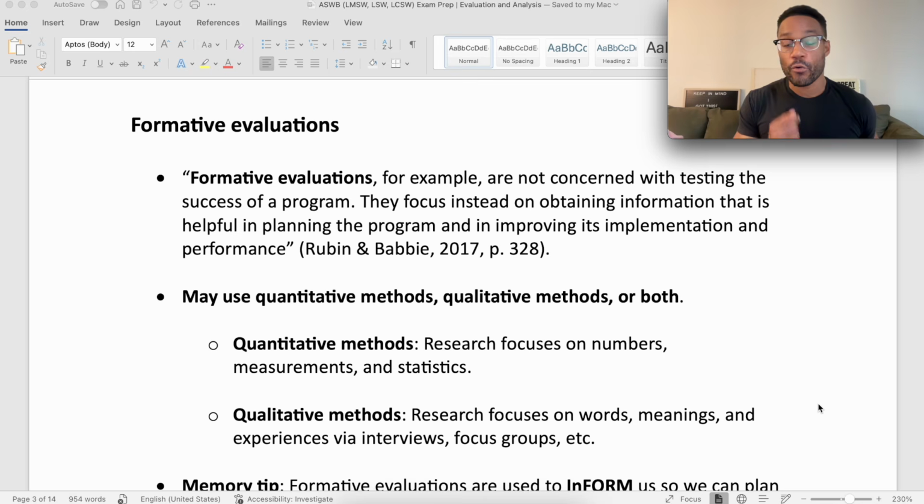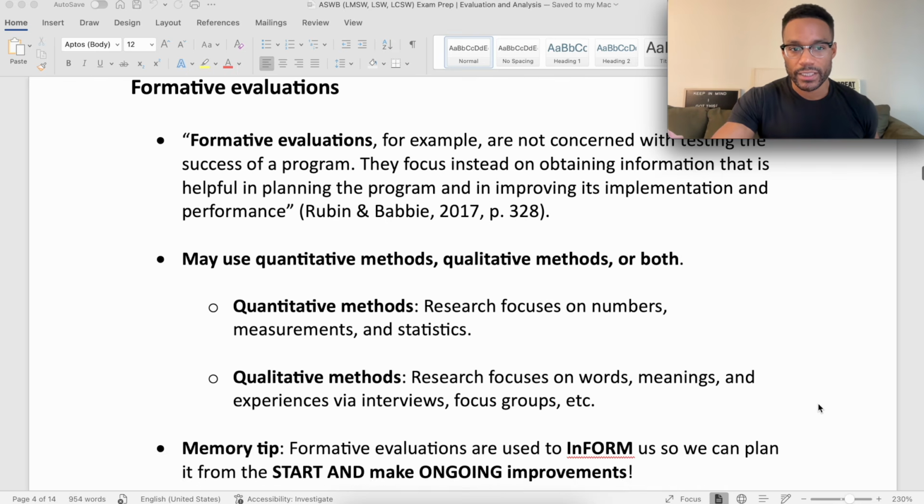Now looking at formative evaluations. So formative evaluations, for example, are not concerned with testing the success of a program. They focus instead on obtaining information that is helpful in planning the program and improving the program, its implementation and performance. So for formative evaluations, they may use quantitative methods, qualitative methods, or both.